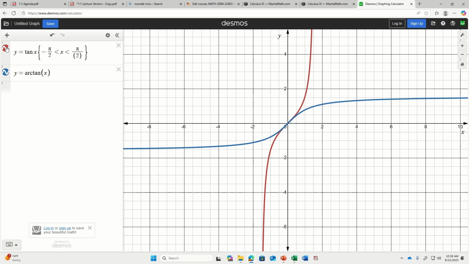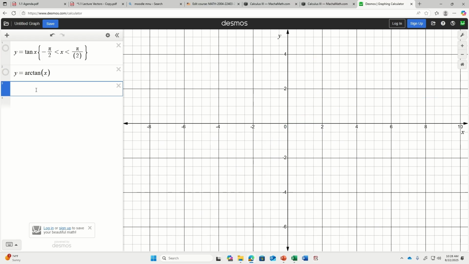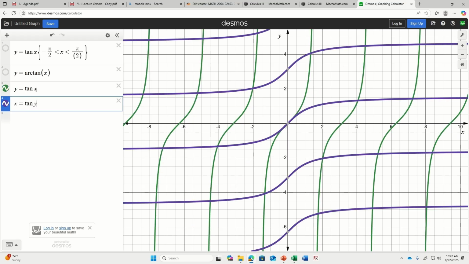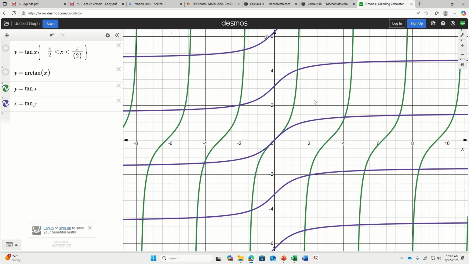If you were trying to make an inverse function for the full tangent function, it might look like that, right? If you wanted to really reflect the whole thing over the y equals x line, it would look like that purple function. The only problem with the purple function is that it's not a function, right?